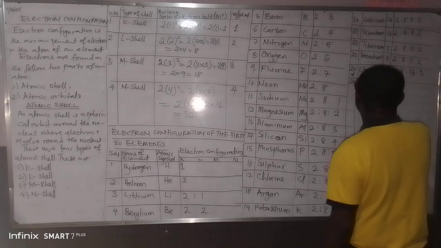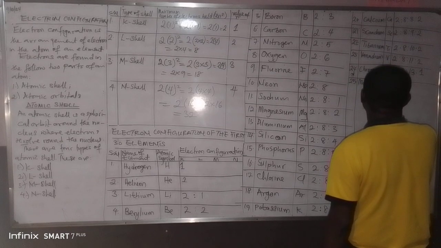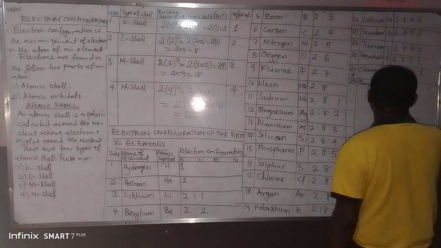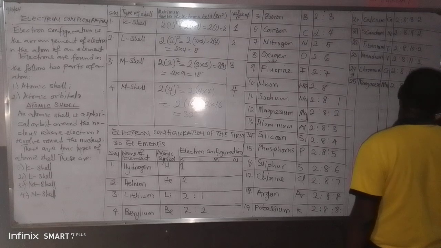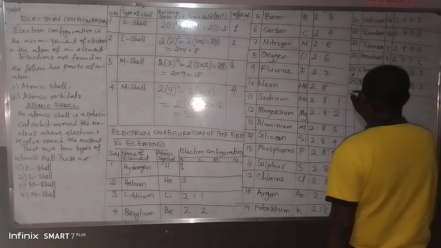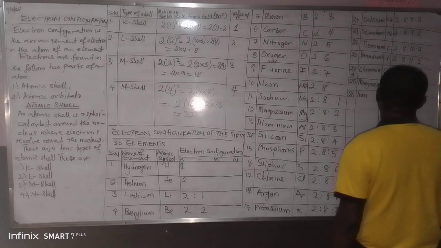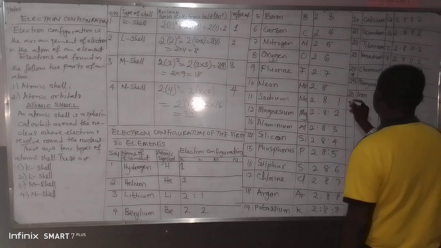Then after chromium, we have manganese, Mn, which will be 2, 8, 13, and end in 2. Every other one ends in 2. Then 26, we have iron, Fe, which will be 2, 8, 14, 2.